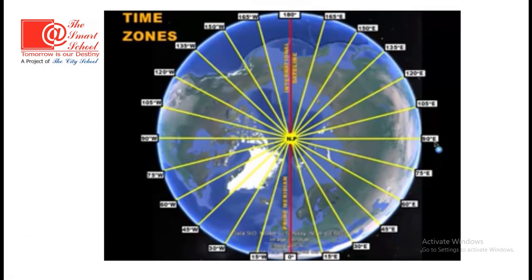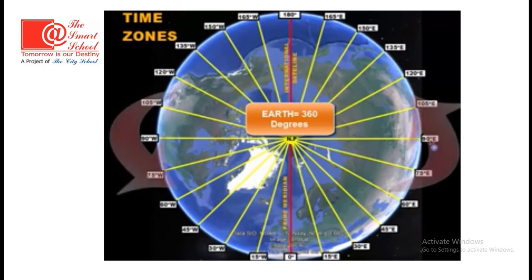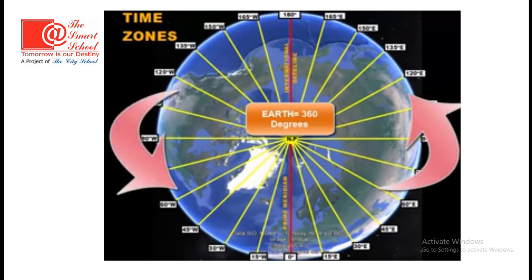The reason a time zone is worth 15 degrees of longitude is that scientists took the total angular measurement of the Earth, which is 360 degrees, because a sphere is 360 degrees, and they took the amount of time it takes the Earth to rotate one complete time.